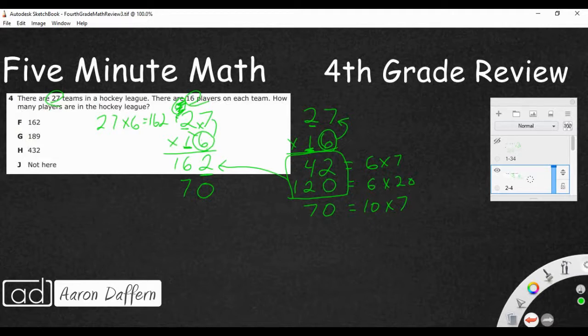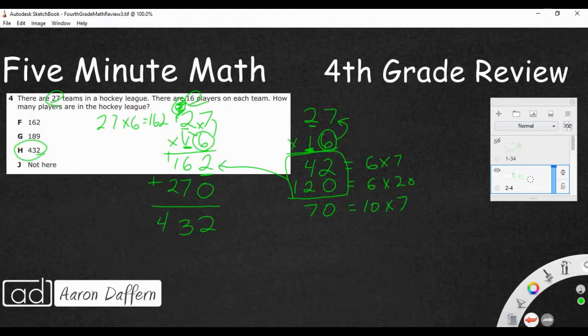And then finally we've got this 1 times 2, and that's going to be just 2. Nothing fancy about that. And then you add that up, and you're going to get 432, which looks like H right there.